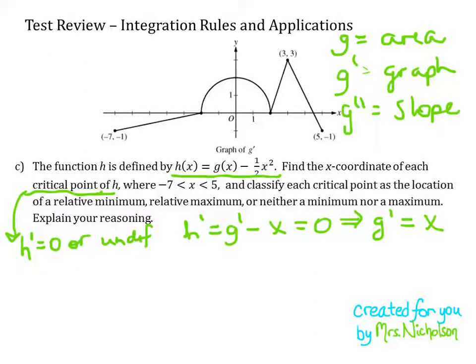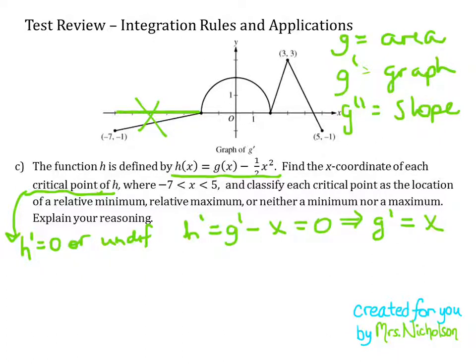So if we consider the graph, let's just start over here on the left side. In this region right here, all of my x coordinates are like -7, -6, -5, -4, -3, but the graph here only goes down to -1. So there's no place in that region where the value of the graph is going to be equal to x.